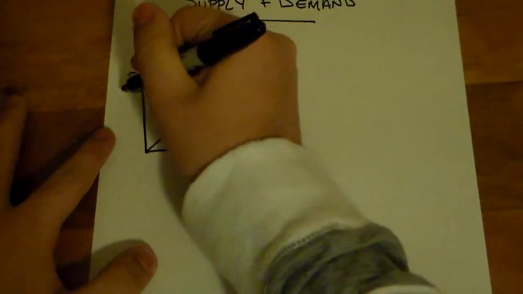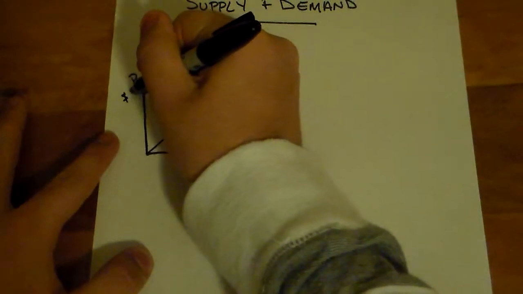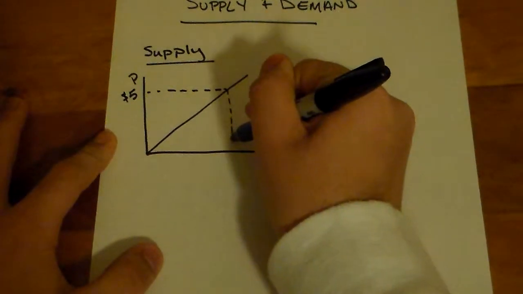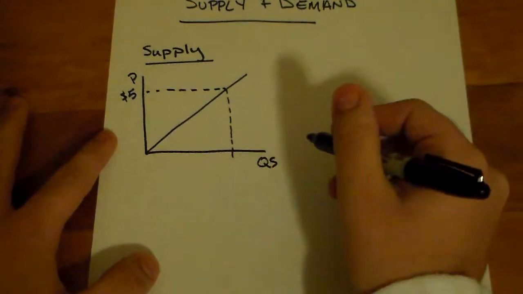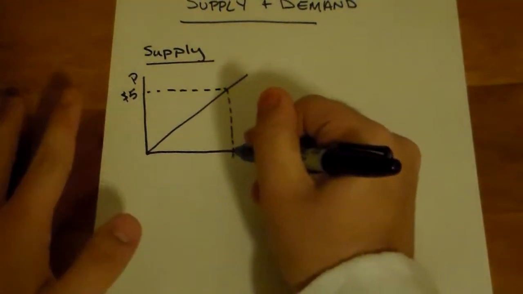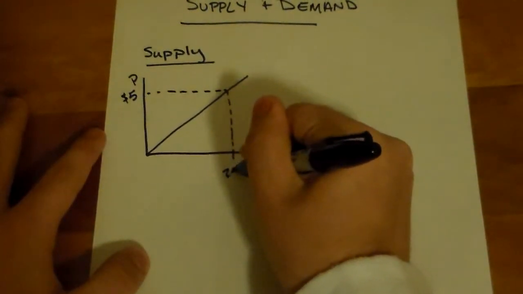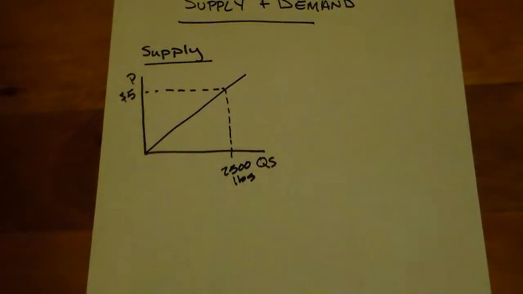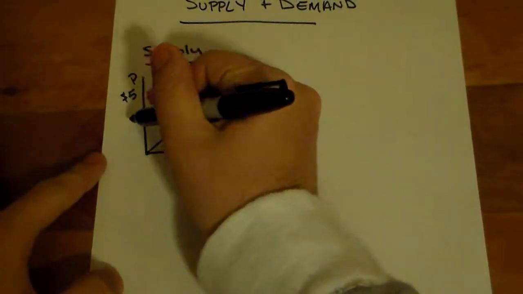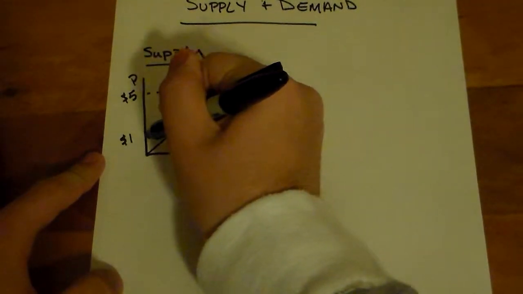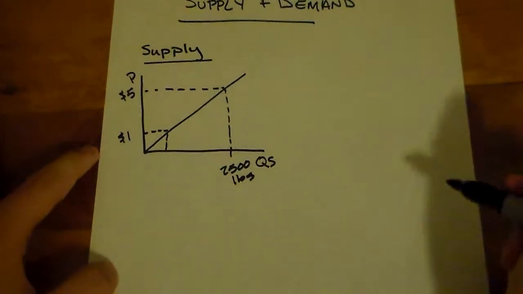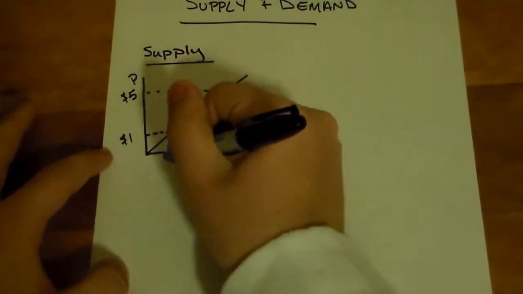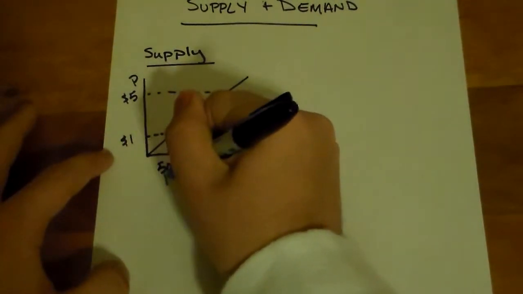So if I were to set the price at $5, that would be maybe 2,500 pounds. But if I were to bring it down to only $1, I'm only able to give out maybe, let's say, 500 pounds worth of pineapples.